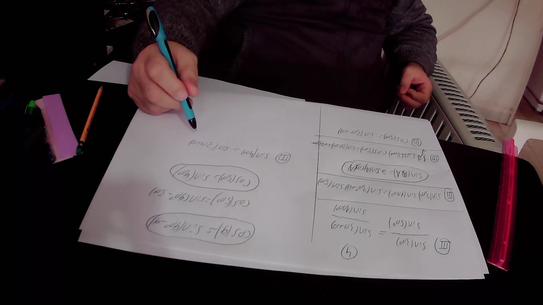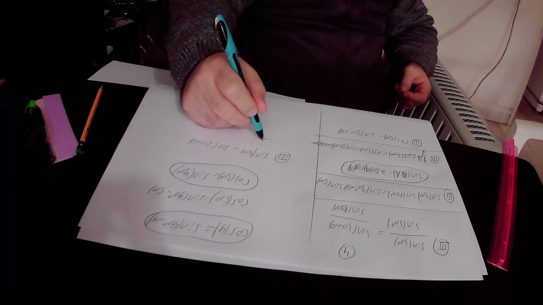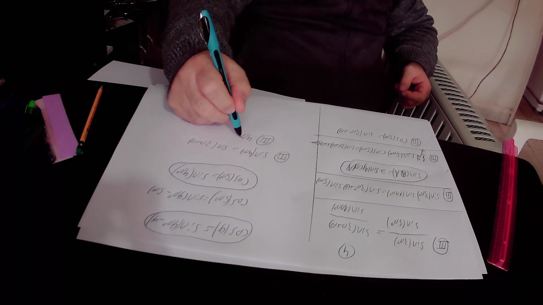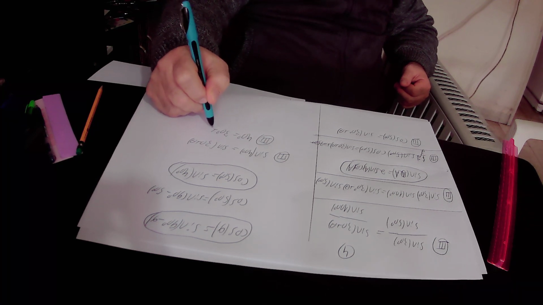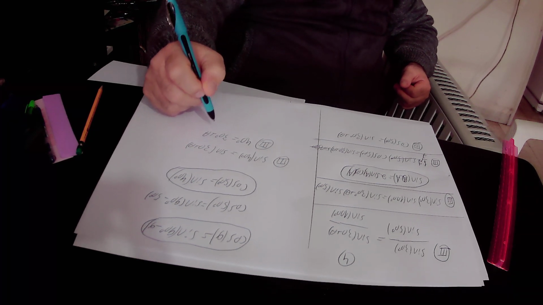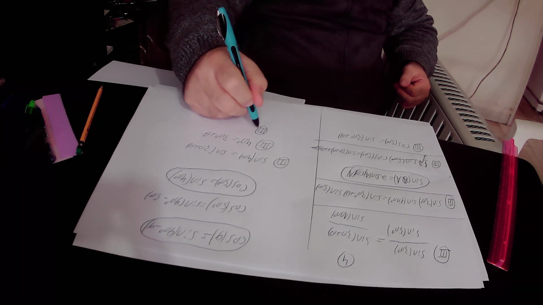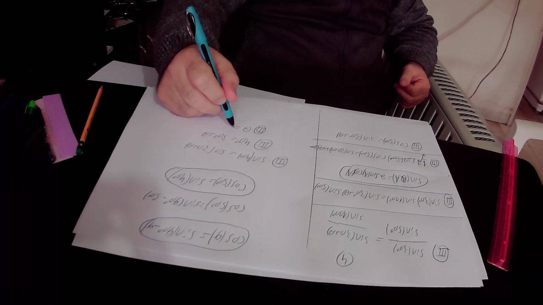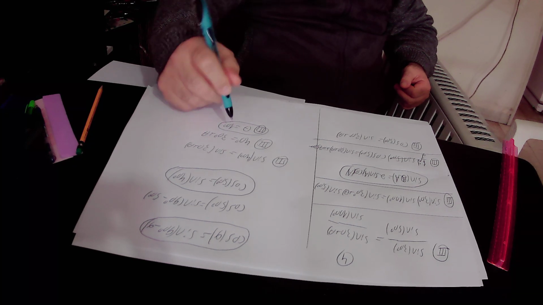Sine 40 degrees equals sine 30 degrees plus theta means that 40 degrees equals 30 degrees plus theta. Here we'll subtract 30 degrees, and we'll get that angle theta equals 40 degrees minus 30 degrees, which is 10 degrees. So we found out that angle theta equals 10 degrees.